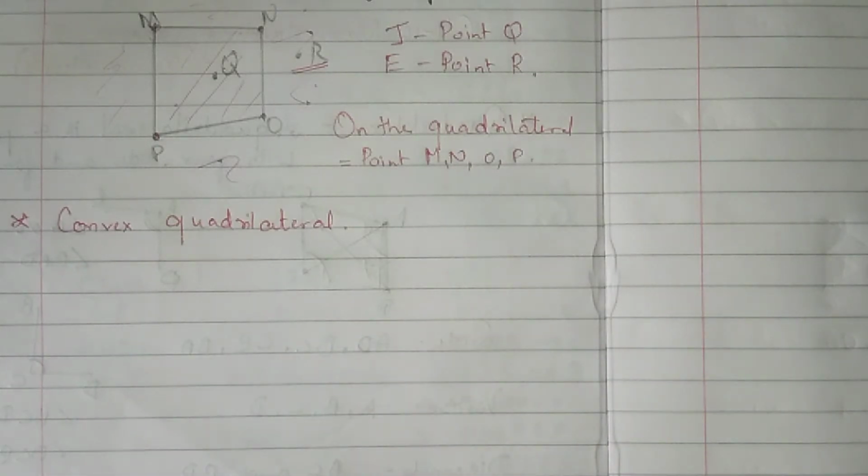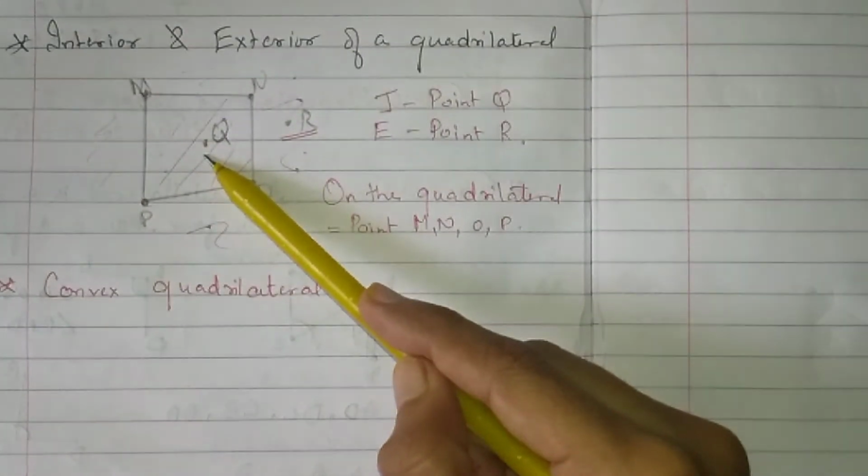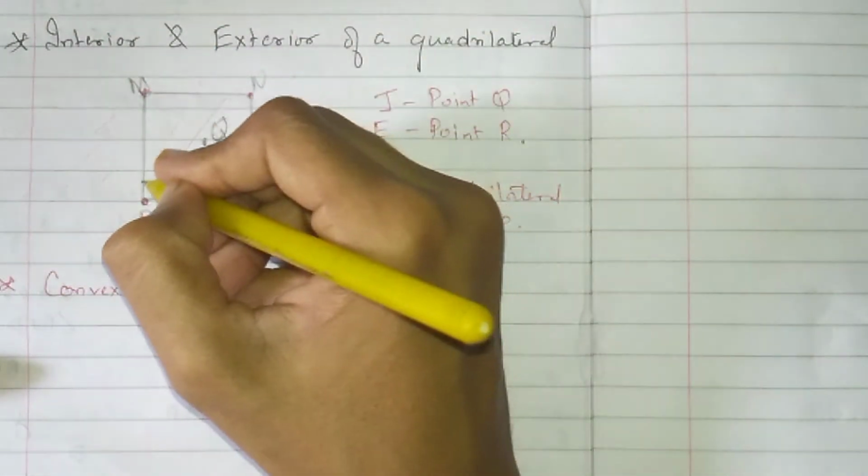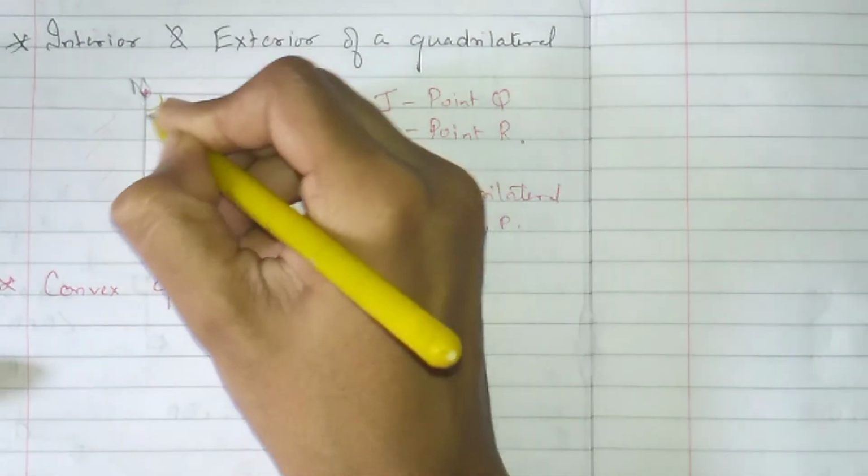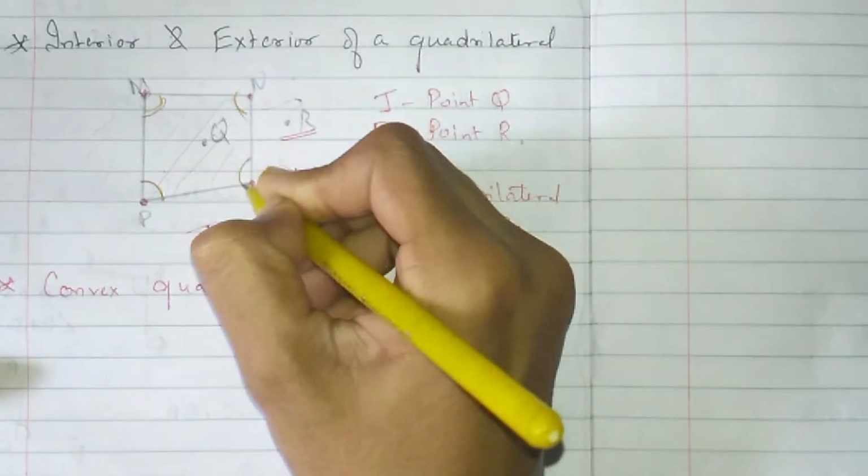In the same way, a convex quadrilateral has every angle less than 180 only. Now I am showing this in the diagram. See, here all the angles are less than 180.